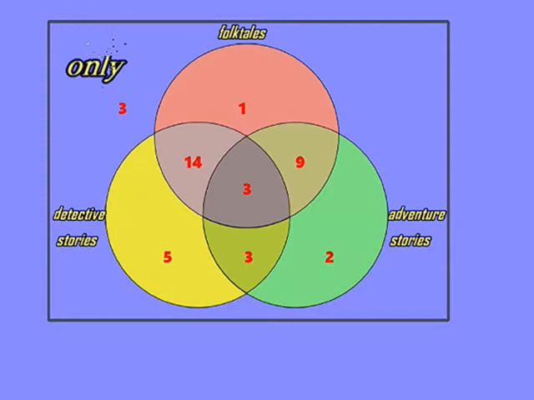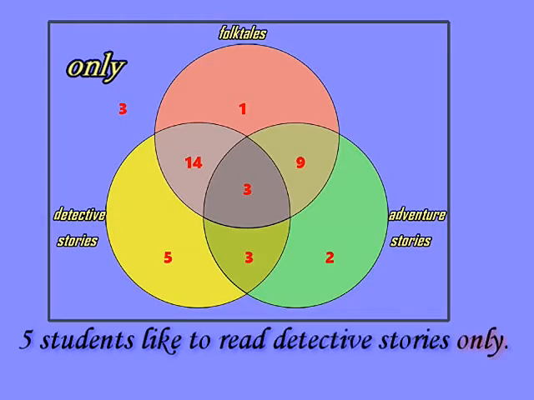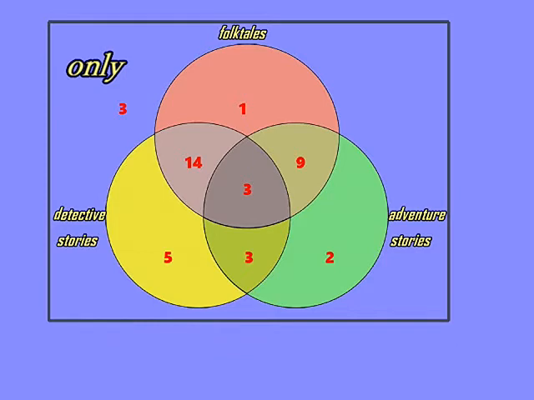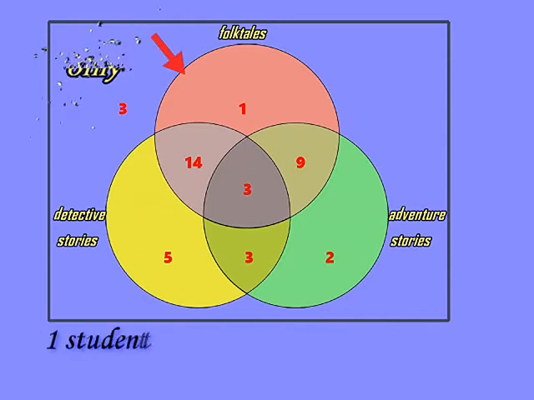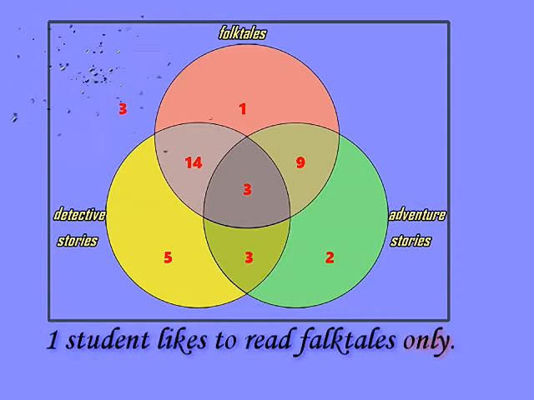So, we can say 5 students like to read detective stories only. Now you can say about other unmixed elements too. 2 students like to read adventure stories only. 1 student likes to read folk tales only.